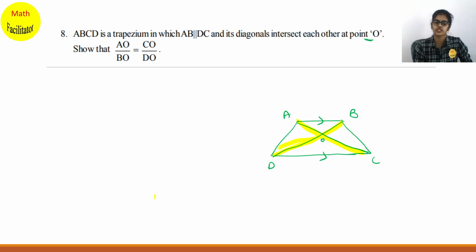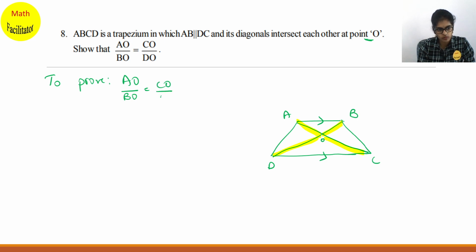So how shall we show this? Just see here. So given, so to prove, I'm just taking what you have to prove. You have to prove AO by BO is equals to CO by DO. So for this, what I am doing, the same thing is nothing but AO by CO is equals to BO by DO.